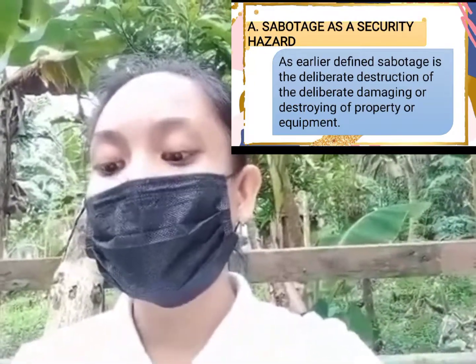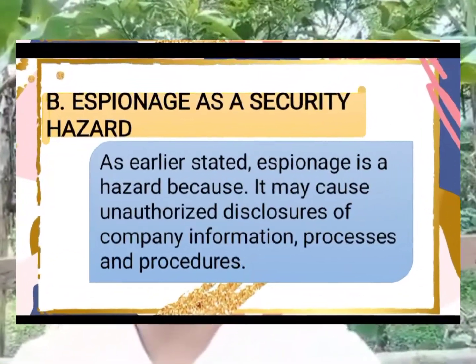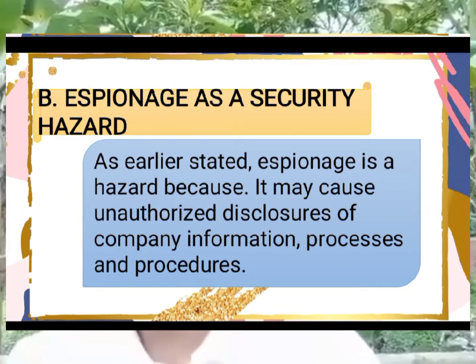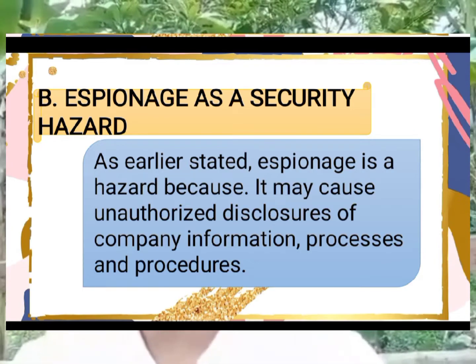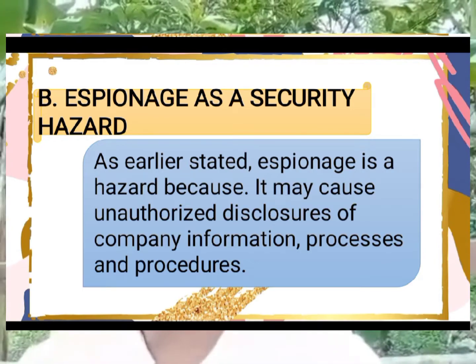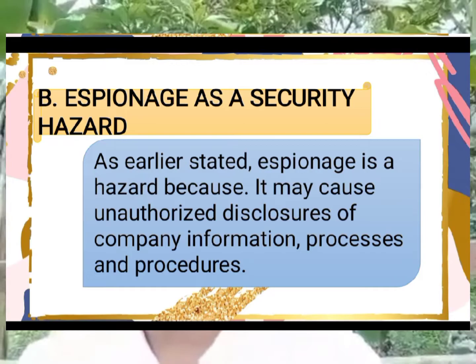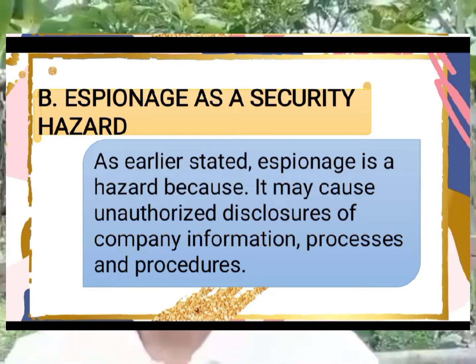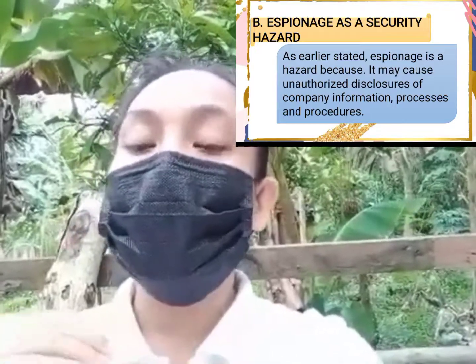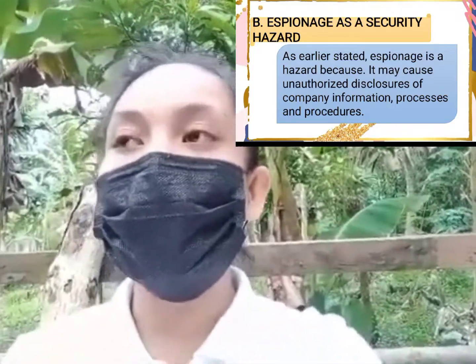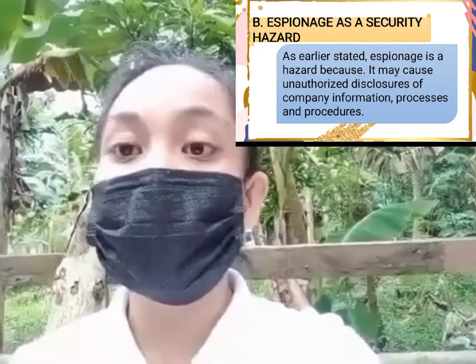So next is espionage as a security hazard. So as earlier stated, espionage is a hazard because it may cause unauthorized disclosure of the company information, processes, and procedures. So this is an act of gathering information and spying or use of spies by a government or a company.